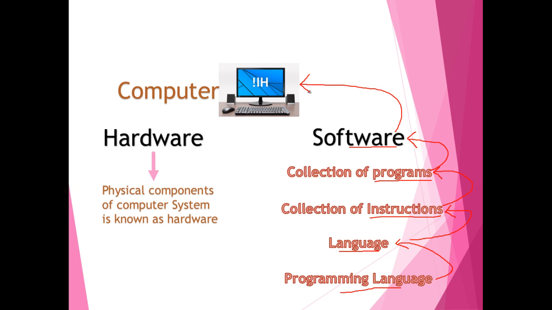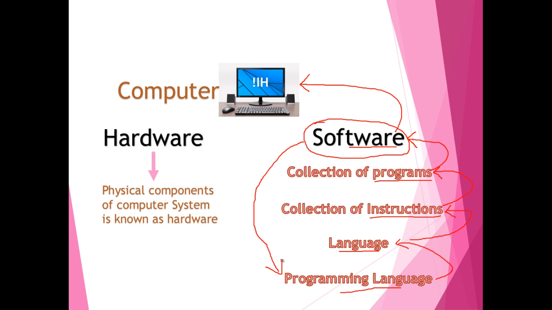So it means that whether you want to run any device or any application in your computer, in all those cases you need software for it. It means without software you can't run anything in the system. And for developing software, we know that only a programming language is responsible.